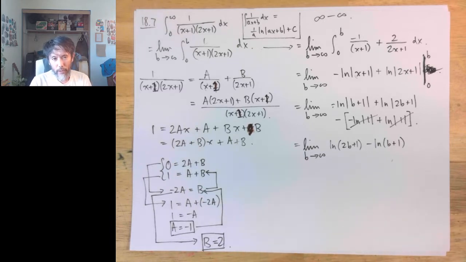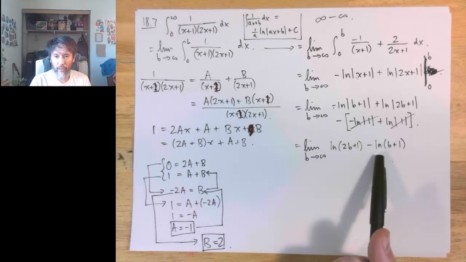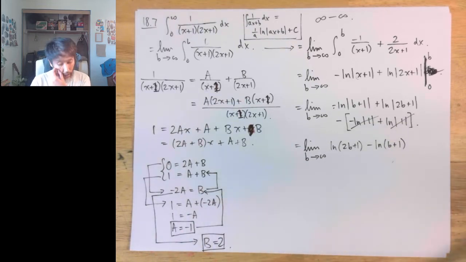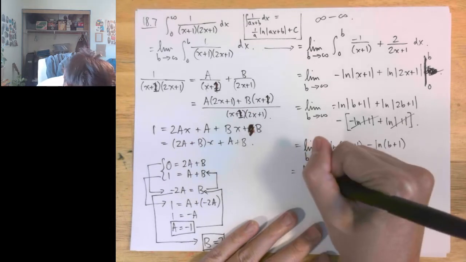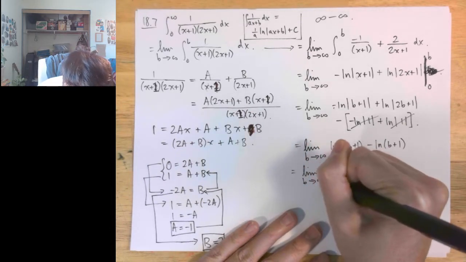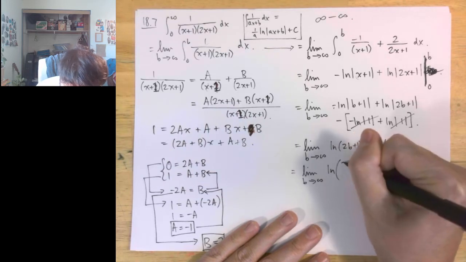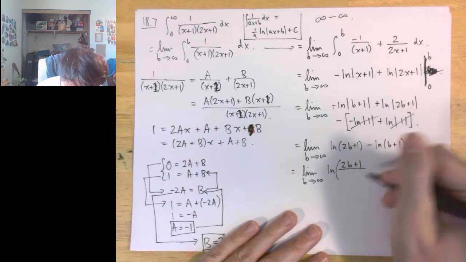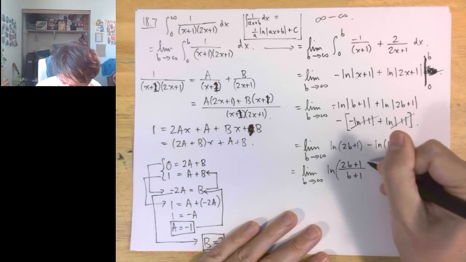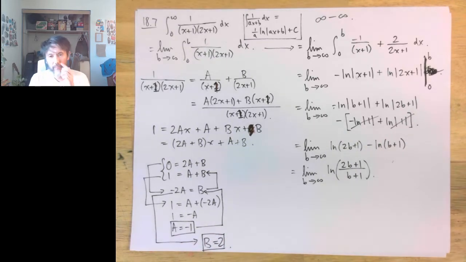Next, I'm going to use rules of logarithms. Do you know the one I'm talking about? The one that says the difference of logs is the log of the quotient. So this is equal to the limit as b goes to infinity of log of 2b plus 1 over b plus 1.